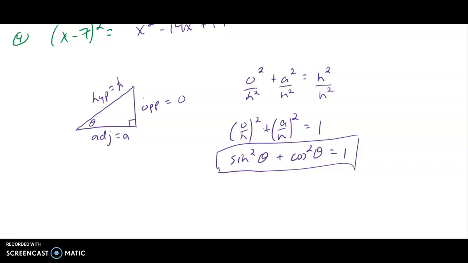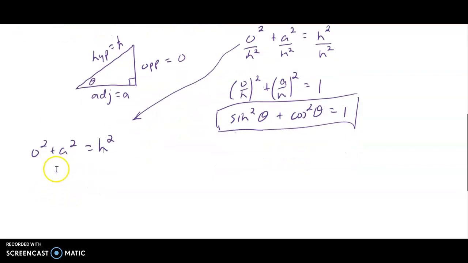Additionally, there are five other Pythagorean identities. If you understand the process that we just did, then you can get to any of the other ones pretty easily. Let me take the original O squared plus A squared equals H squared. To get to this identity right here, we divide everything by H squared.